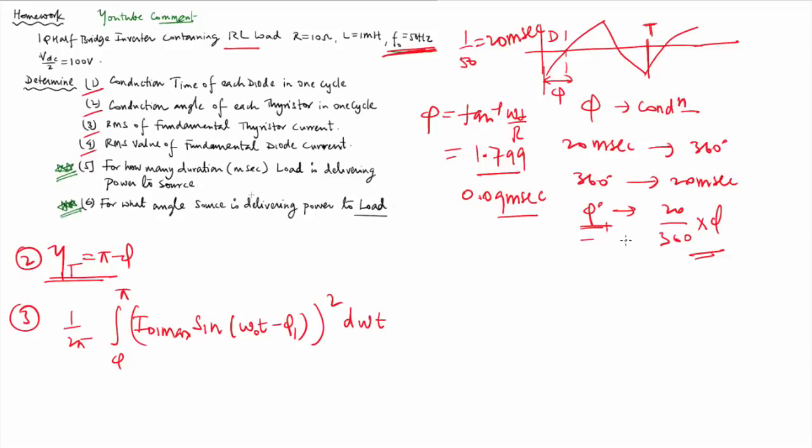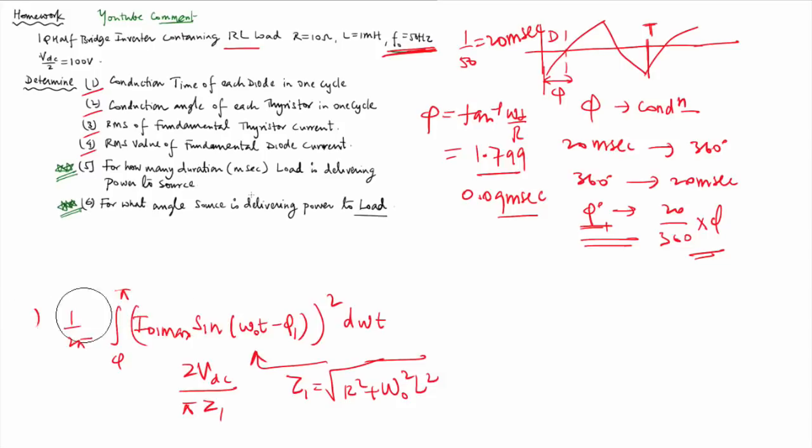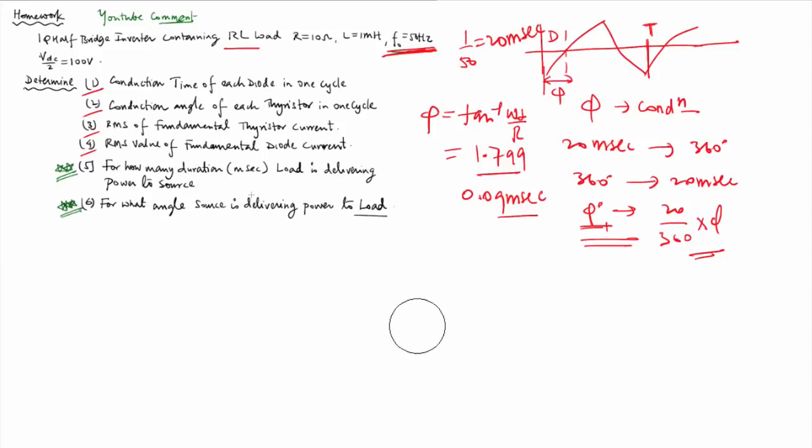Phi 1 I can easily find by using the first point, and I01 max I already explained how to find, that is equal to 2 VDC upon pi into Z1, and Z1 is equal to under root of R square plus omega naught square L square. Based on this formula, if you integrate, you will get the RMS value of fundamental thyristor current and fundamental diode current. So these two are very easy, you only need to do the mathematics part.